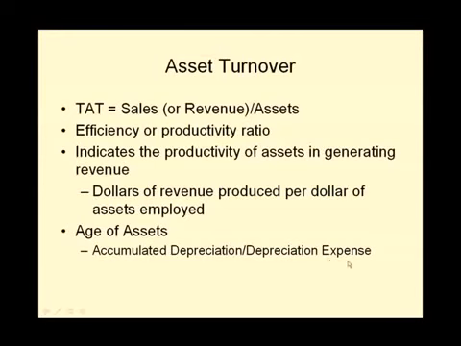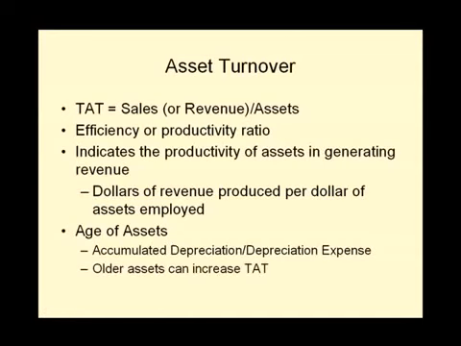Because depreciation expense indicates the amount of depreciation recognized in 1 year, and because accumulated depreciation indicates the aggregate amount of depreciation expense that's been accumulated over the life of the firm, if we divide the 1-year depreciation expense into the accumulated depreciation, what we're going to get is an estimate of the number of years that the firm has had its assets, or the number of years that the firm has been depreciating its assets off. And that is the calculation for the age of the assets.